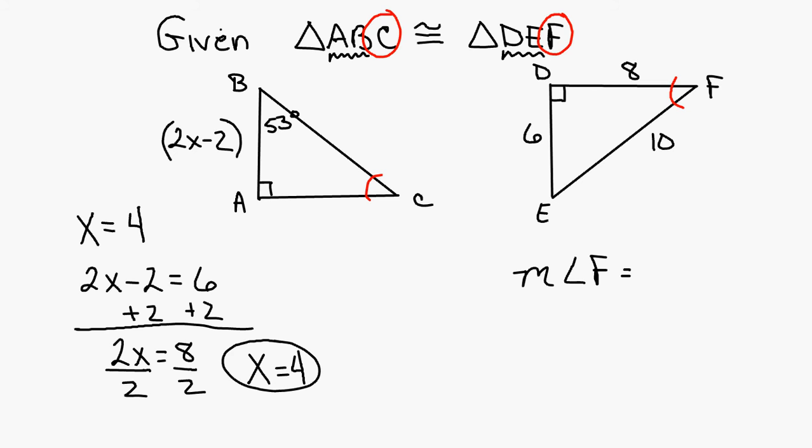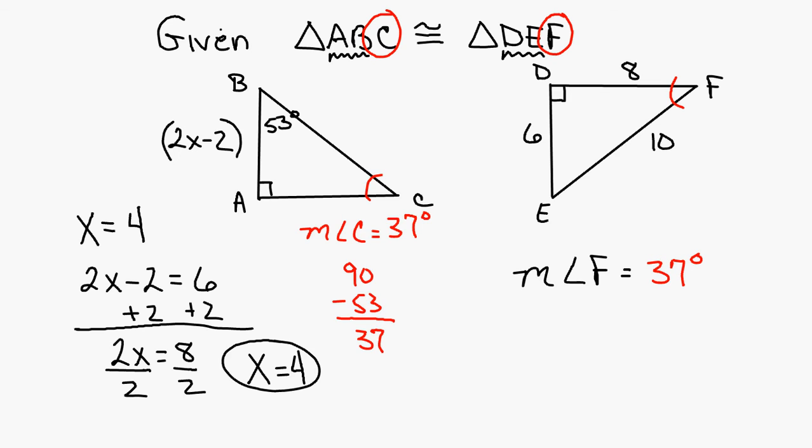So the measure of angle C is equal to 90 minus 53, isn't it? Which is 37. So if the measure of angle C is 37 degrees and C and F are congruent, then the measure of angle F is 37 degrees. Make sense?